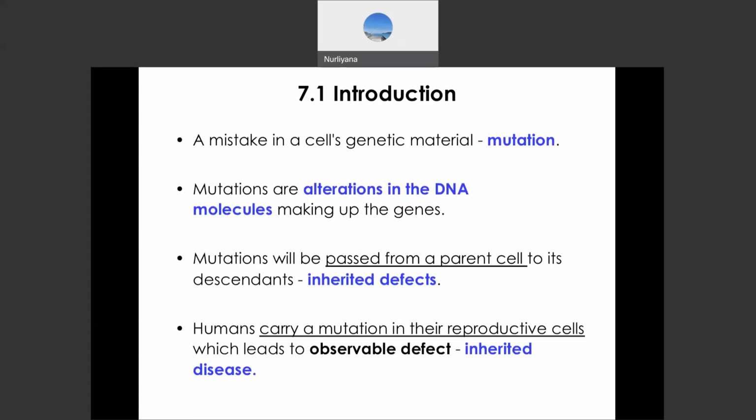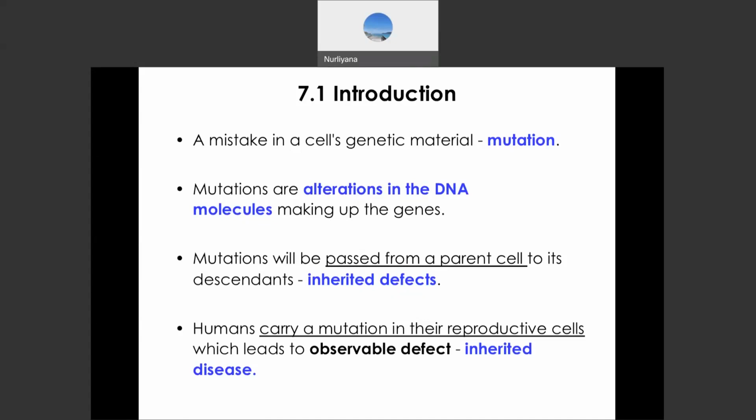That is what we are going to look at in this chapter, which explains the mistakes in the genetic material, otherwise known as mutations. By definition, mutations can be defined as alterations in the DNA molecules that make up our genes.